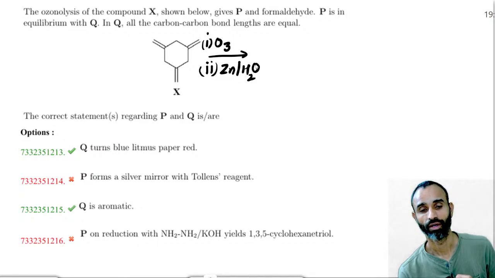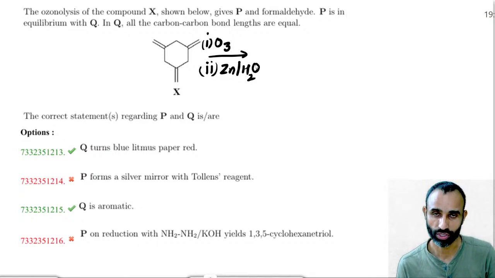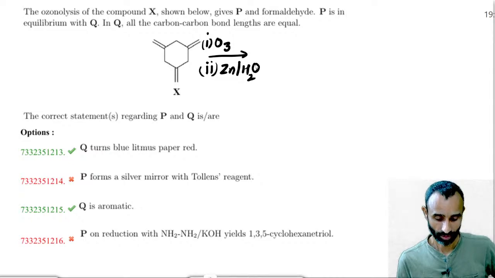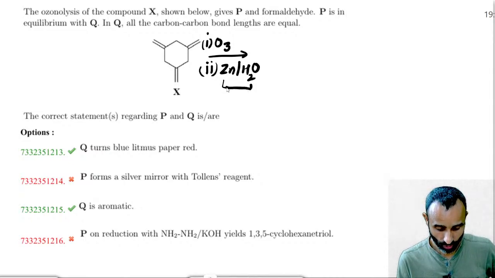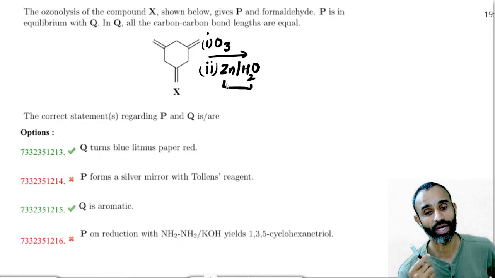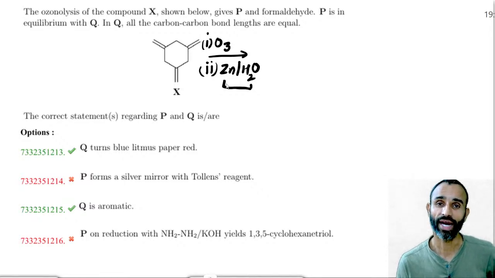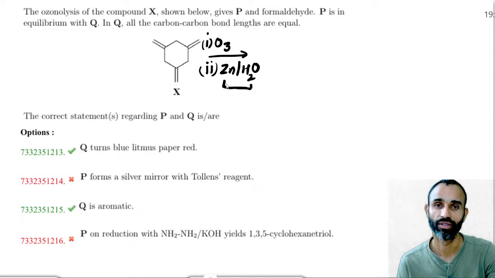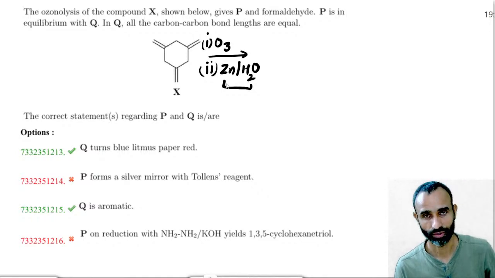Actually, there are two types of ozonolysis: reductive and oxidative. Instead of zinc and H2O, if we use H2O2, then that is oxidative ozonolysis, and in that case all the aldehydes are converted into carboxylic acids, and ketones remain as such.